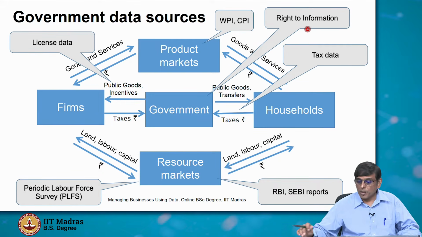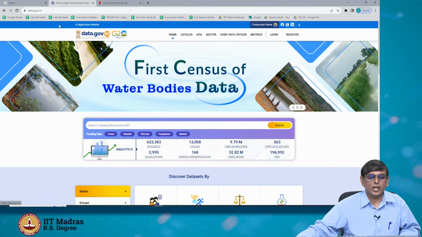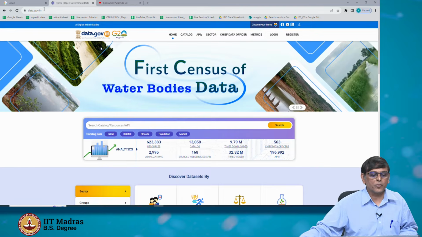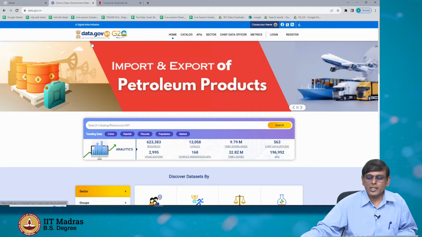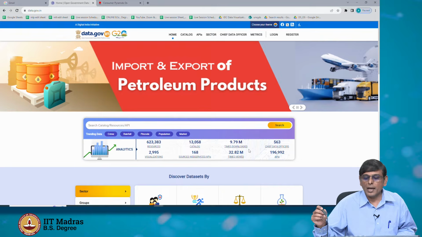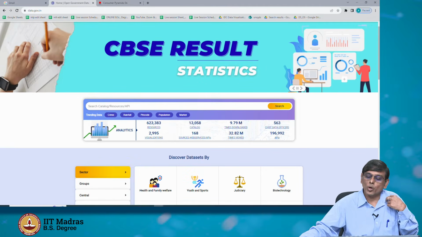In fact, I want to show you this site which is called data.gov.in. I'm not sure whether you can read what I have typed in the URL, but I have typed data.gov.in. The idea is that the government wants to make, as far as possible, all the information publicly available, either for you to look at or to access through APIs and do your own analytics, right?